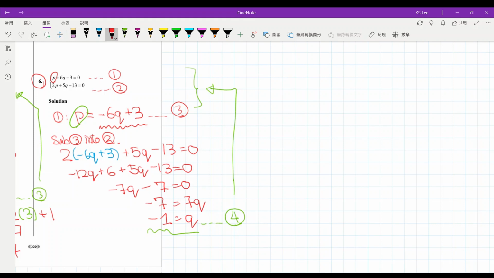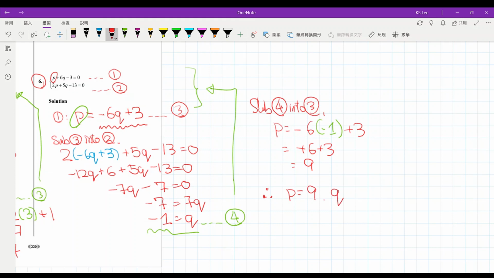So let's work out our steps. Therefore, p equals 9, q equals -1.